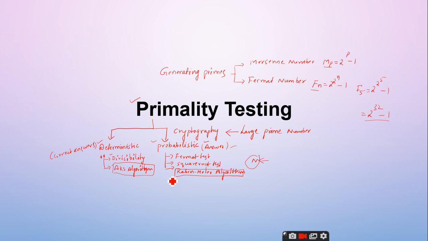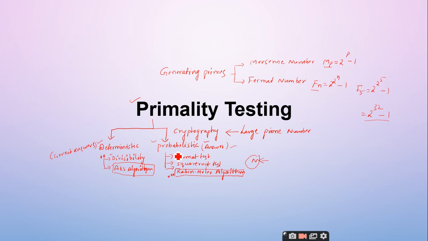We'll be concentrating more on the Rabin Miller algorithm. The reason is that it gives better performance than any other primality testing algorithm.